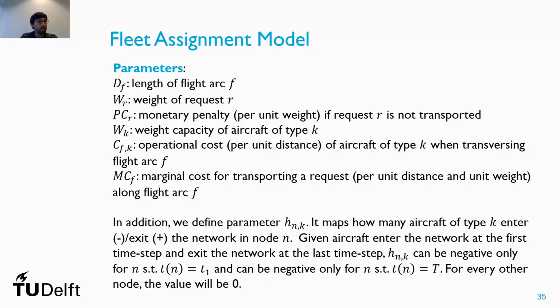Given that for us aircraft can enter the network only at the first time, so we know the initial location, and they can only exit the network at the final time, this H can only be negative for nodes where the time is the first timestamp of our discretization, and can only be positive for nodes, let's say on the right side, so nodes where the timestamp is the end of our planning horizon. For all intermediate nodes, this H will be 0.